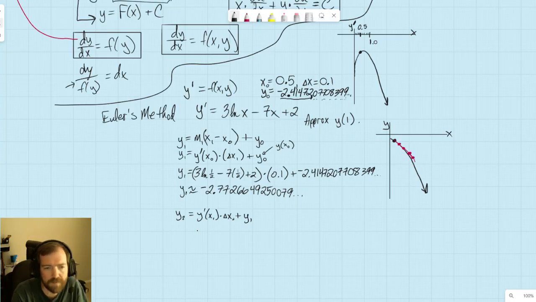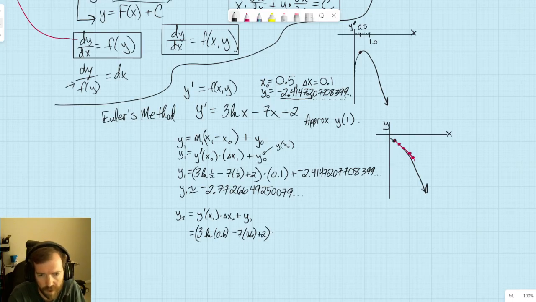So this is now going to be 3 times the natural log of 0.6 minus 7 times 0.6 plus 2, all that multiplied by 0.1, and then we are going to add that to this negative number here, negative 2.77266492.5, etc.